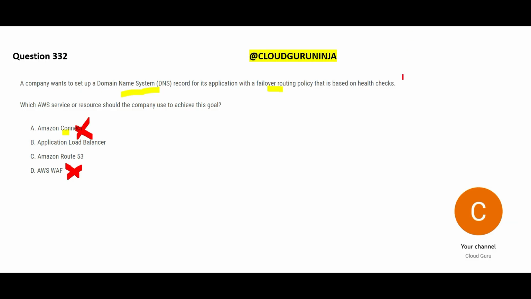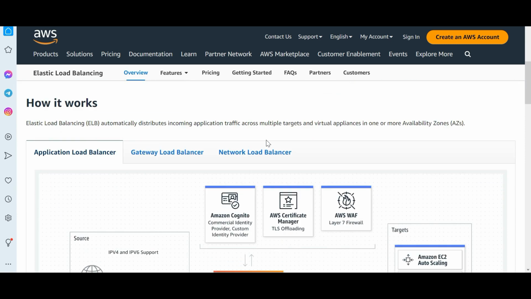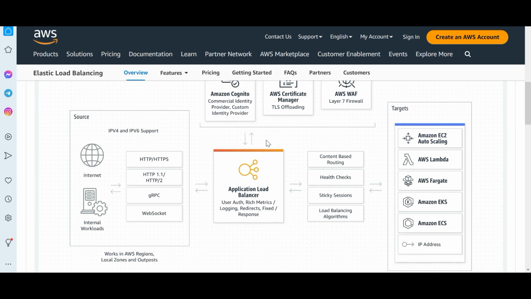Now, as usual in every question, in the real exam, eliminating two options is easy. Now, there will always be confusion between one or the other. Now, some may say, "Hey, boss, load balancer is also for routing." Okay, because see what it is doing, it is distributing network traffic to improve application scalability. That means what it will do here is, you have a load balancer here.